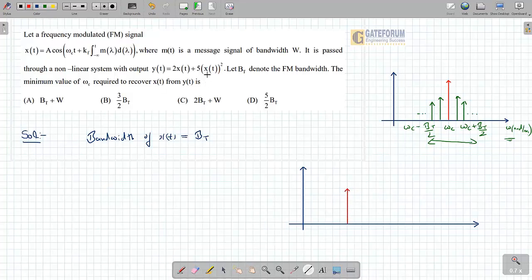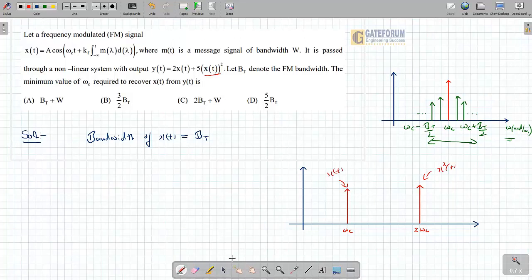And once it passes through a nonlinear system, it will have an x squared t component also, at 2 omega c. So there will be some 2 omega c component. This is omega c. This is coming because of the x squared t term. And this is coming because of the xt term.